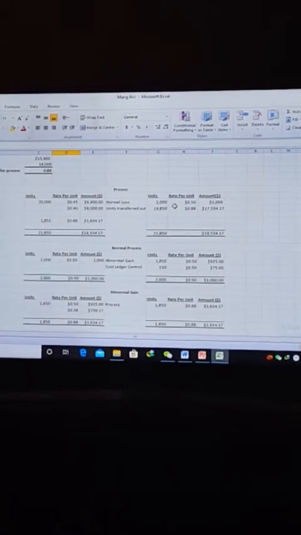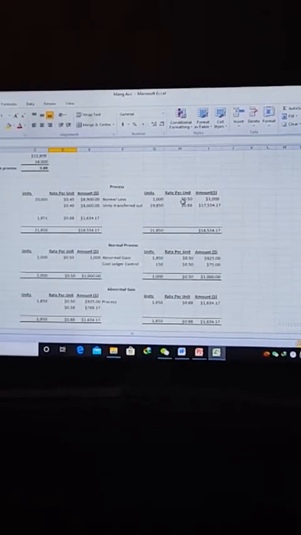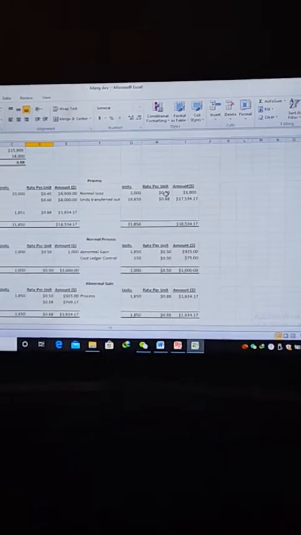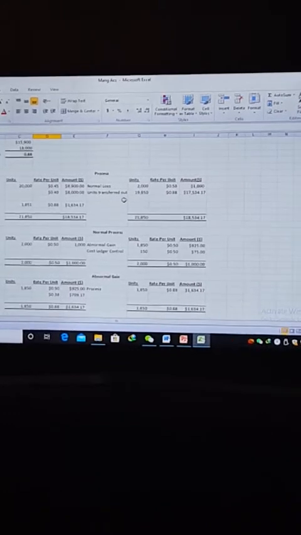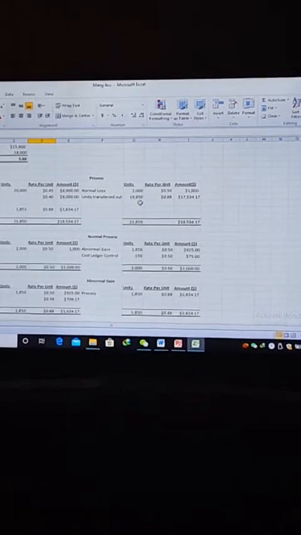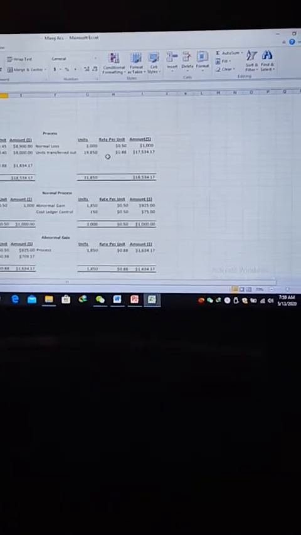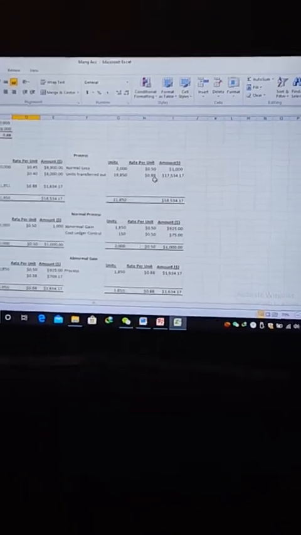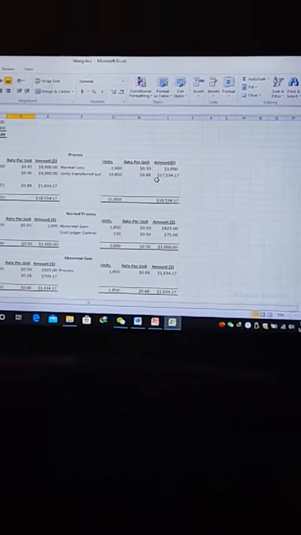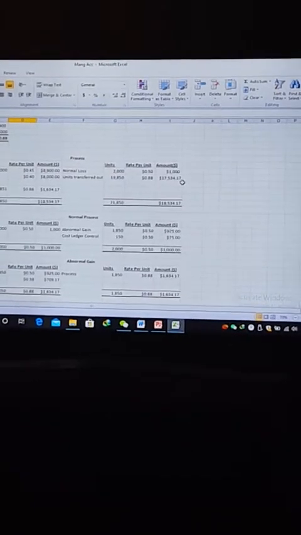Looking at some of the related costs on this one, you can see that the normal cost is 2,000 units at a rate per unit of 50 cents, at an amount of $1,000. Also, units transferred out, which is 19,850, are the finished products that we have sent out, at a cost of 0.88 per unit, because we had calculated the cost per unit, which equals $17,534.17.